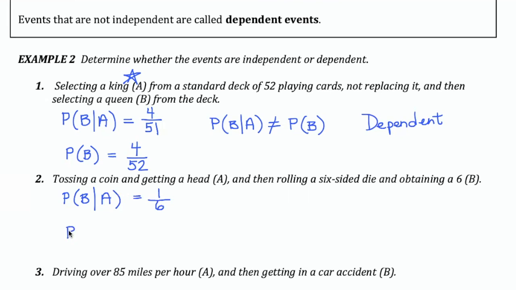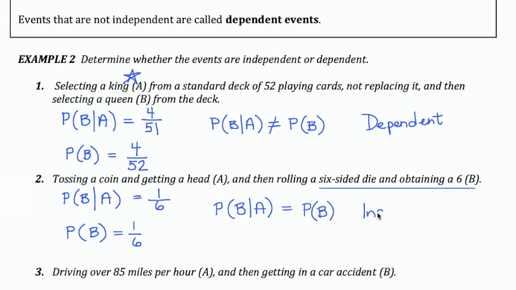Now I need to compare that to the probability of just B happening by itself. So just rolling a 6-sided die and getting a 6. That's also 1 out of 6. So in this case, because A did not have any effect whatsoever, and the probability of B given A was the same as the probability of just B happening by itself, these two events are independent, which confirms what our common sense tells us.